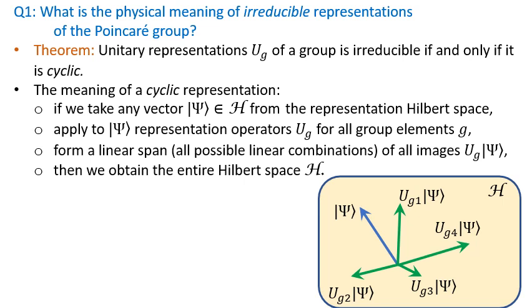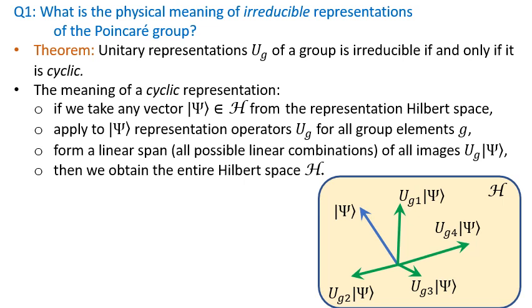In other words, a representation is cyclic and irreducible if by starting from any vector and applying all group elements to this vector, we can explore all corners of the Hilbert space. The other possibility is that our vectors, blue and green, and their linear combinations will occupy only a portion of the full Hilbert space.